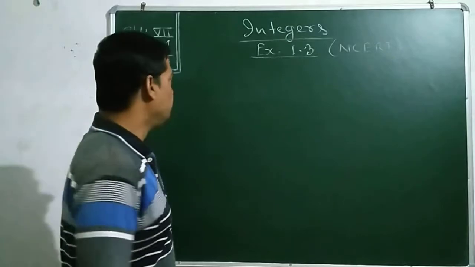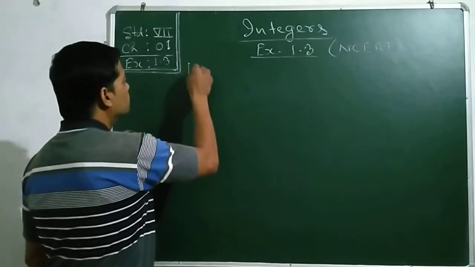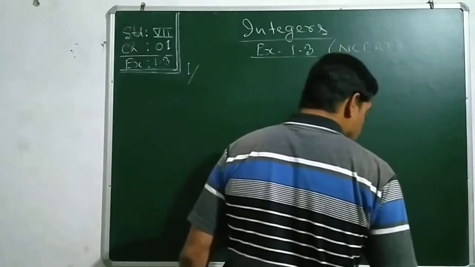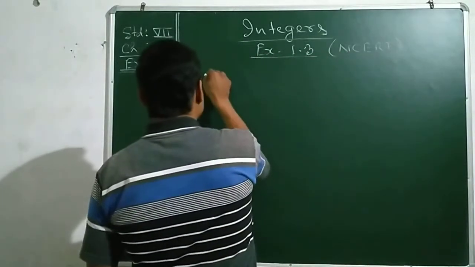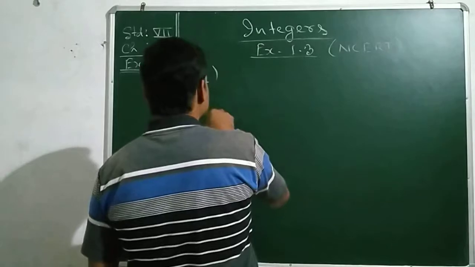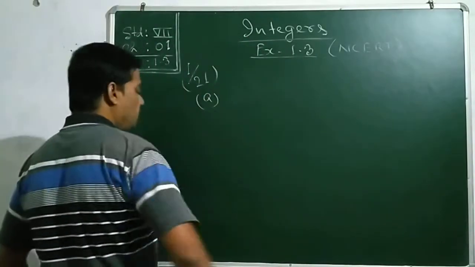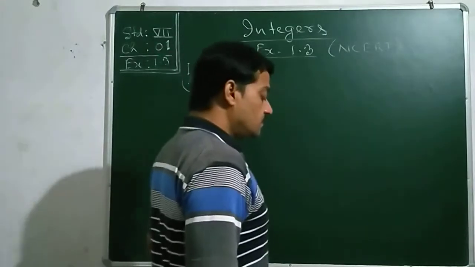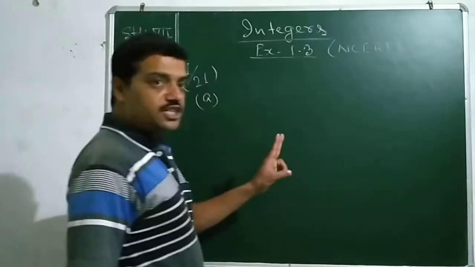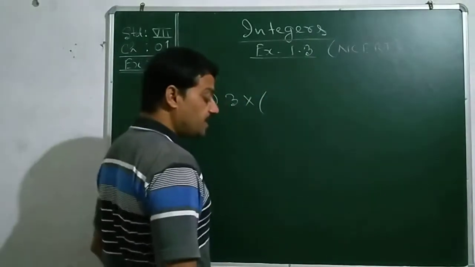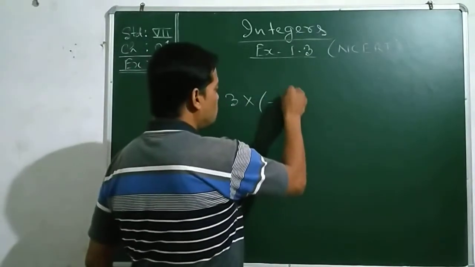Look at question number 1. On page 21, in part A, one positive integer, 3, and one negative integer, minus 1, are to be multiplied.